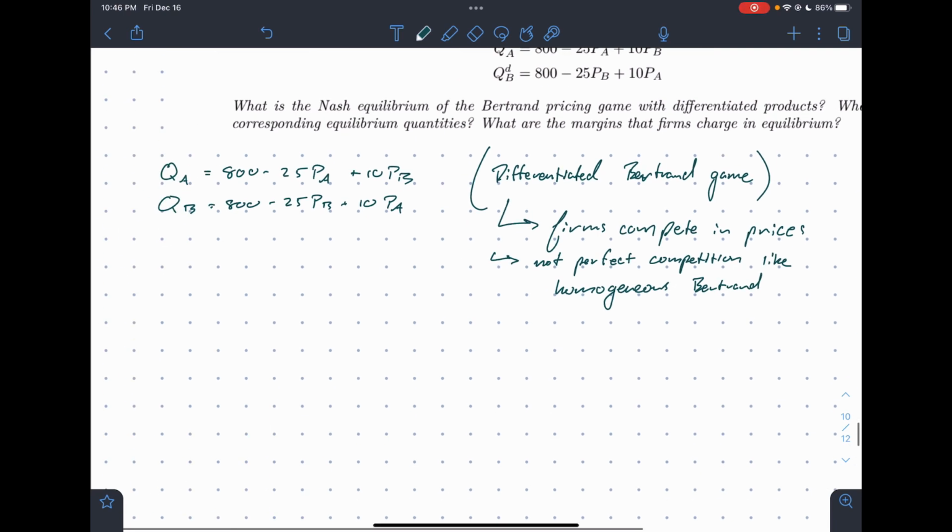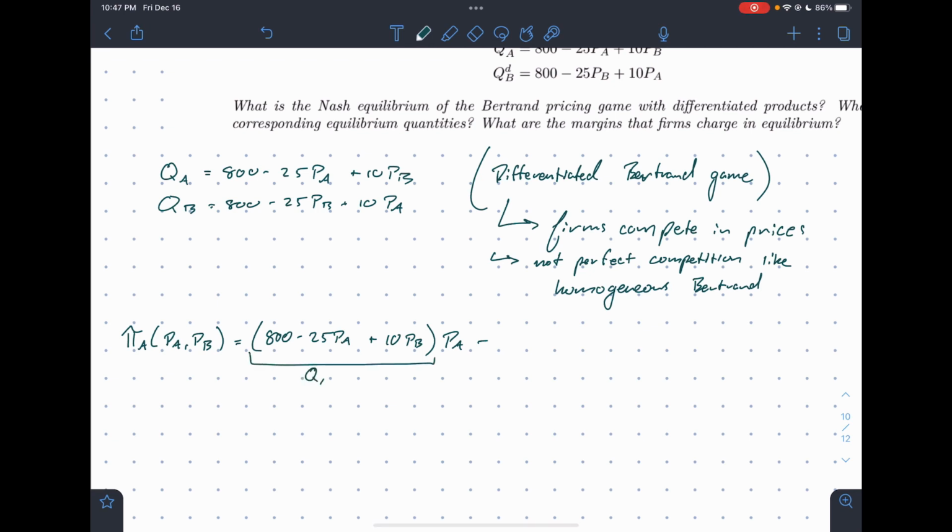Okay. So firms are choosing prices. We need to find what their profit functions are. So the profit of firm A, with A setting price PA and firm B setting price PB, is going to be 800 minus 25 PA plus 10 PB, this is QA, times PA minus 10, because this is their marginal cost, times the quantity.